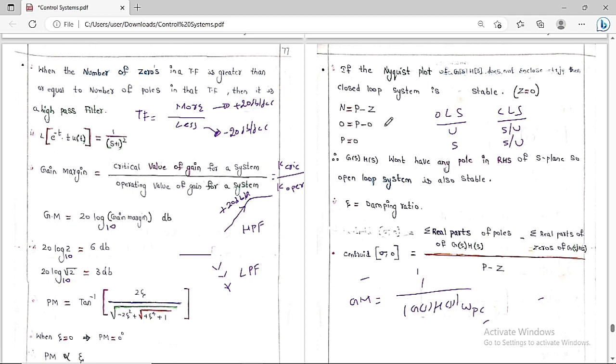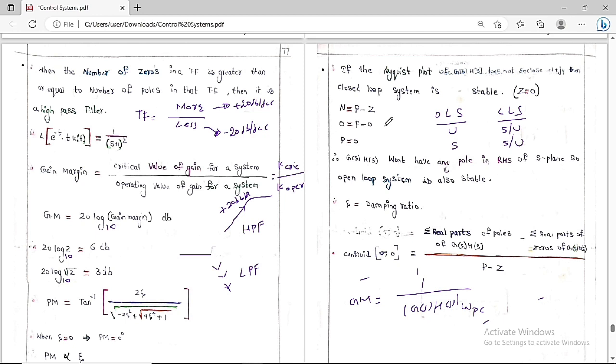Similarly, P indicates the number of open loop poles, or the number of poles of G(s)H(s), which are present in the right half of the s-plane, and Z indicates the number of poles of the characteristic equation which are present in the right half of the s-plane. Always keep this in your mind: N is equal to P minus Z, where N indicates the number of encirclements of the Nyquist plot in the G(s)H(s) plane at -1 comma j0.